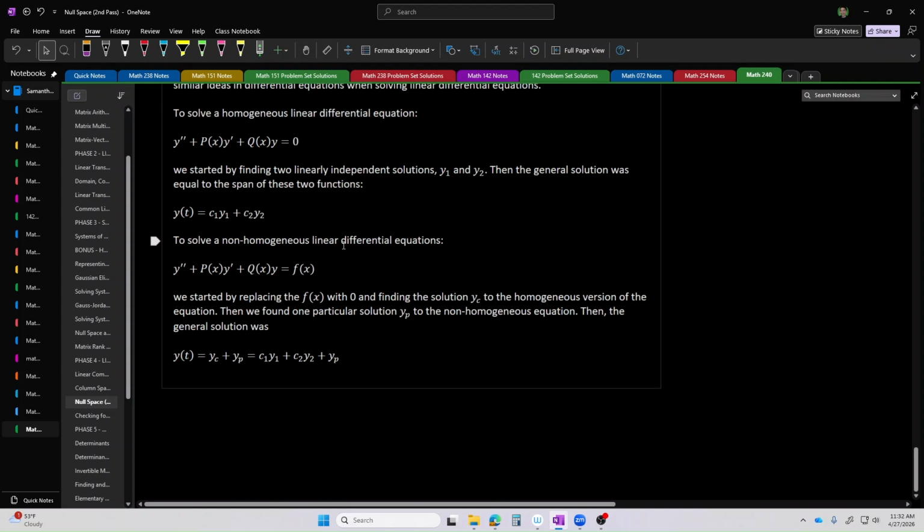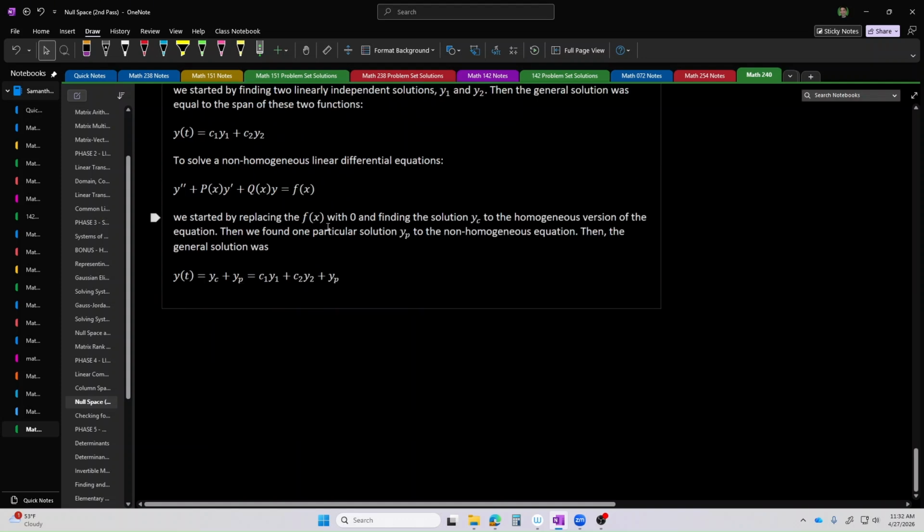Now, if you're working on a differential equation that has something non-zero on the right-hand side, if you replace the 0 on the right-hand side with something else, then the solution to this equation was related to the solution that we got when there was a 0 on the right-hand side.